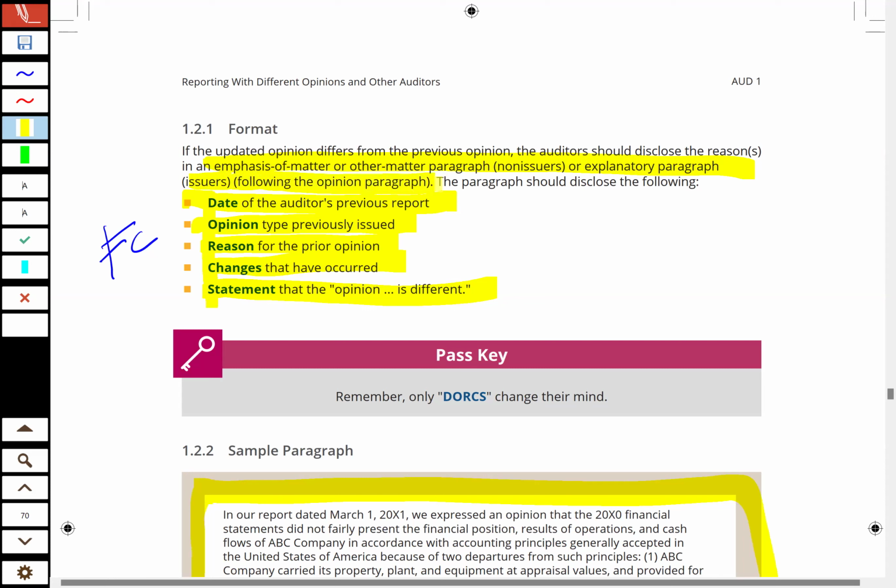And it would follow the opinion paragraph. Okay, be careful with the location of paragraphs, guys. Make sure you're putting that on your flashcards, because that's something that can kind of drive you crazy. You start missing questions simply because you didn't know the location of an explanatory, other matters, or emphasis of matter paragraph.